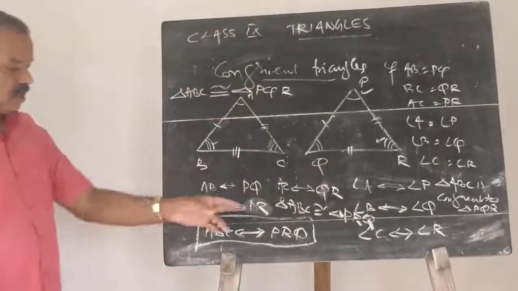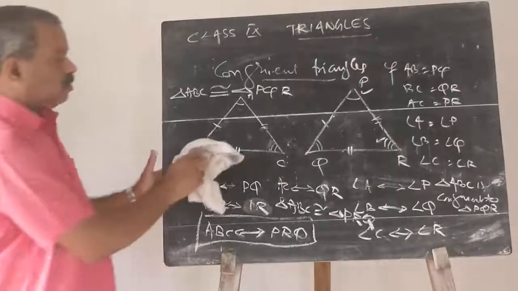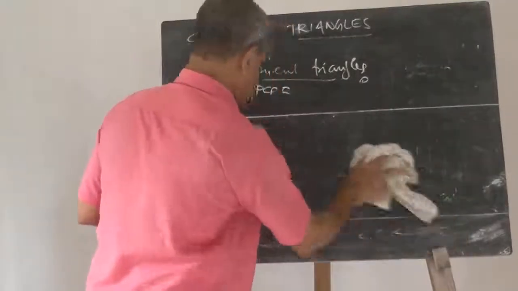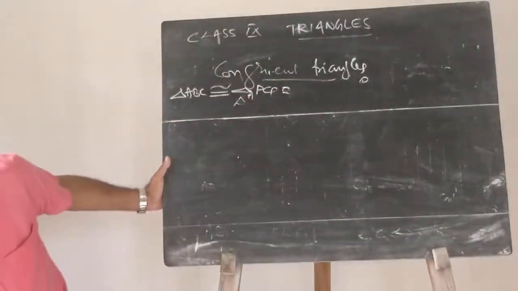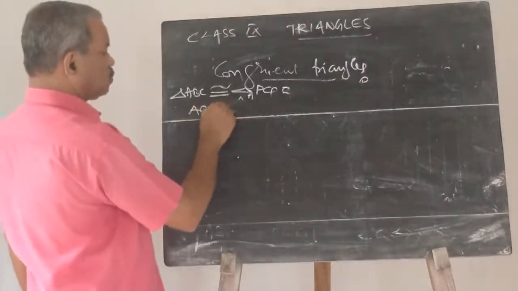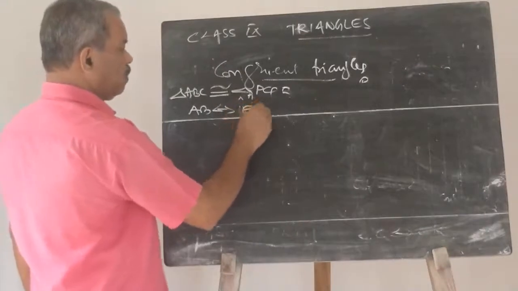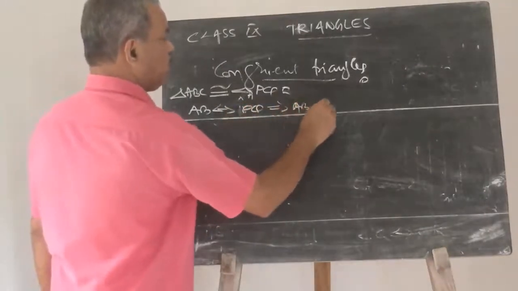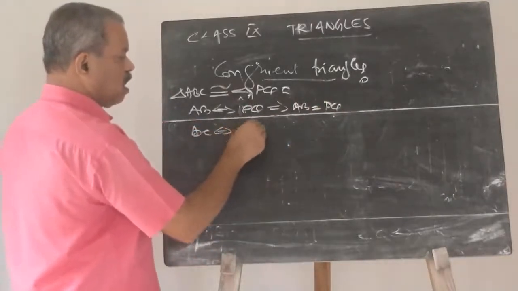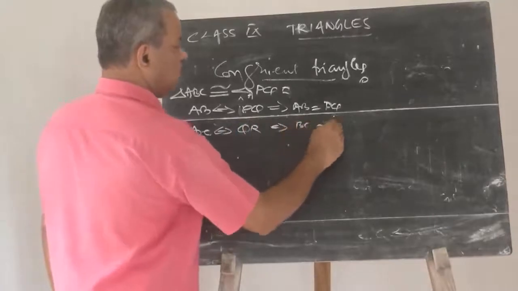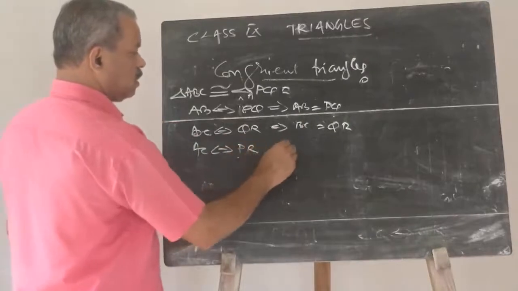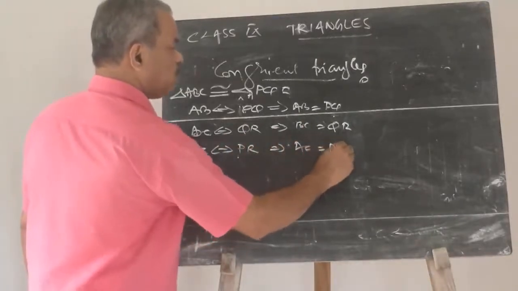PRQ, not PQR. When we say that triangle ABC is congruent to triangle PQR, this means AB corresponds to PQ implies AB equal to PQ. BC corresponds to QR gives BC equal to QR. AC corresponds to PR gives AC equal to PR.